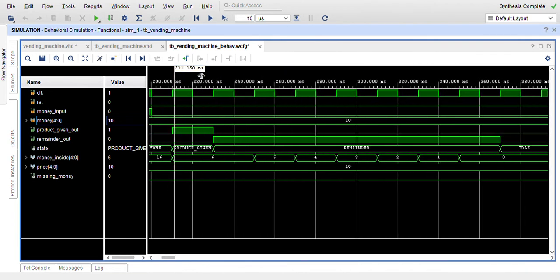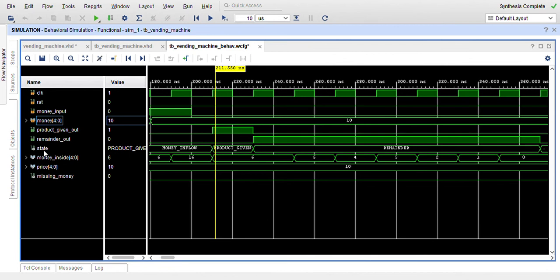When we give the product, our money inside is equal to money inside minus 10 Turkish liras, because our product's price is 10 Turkish liras.